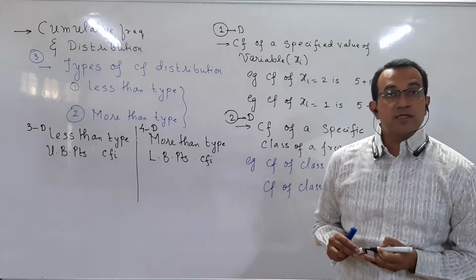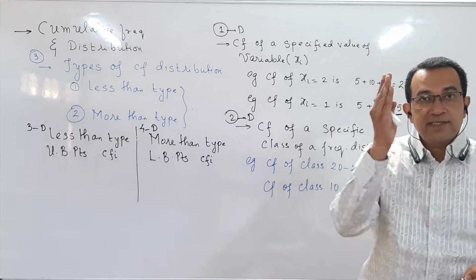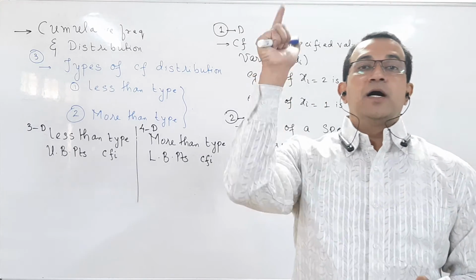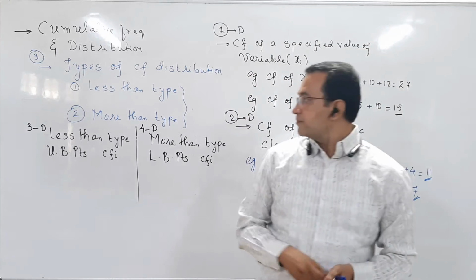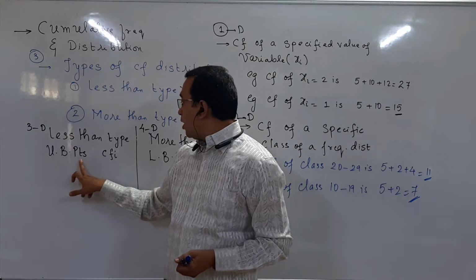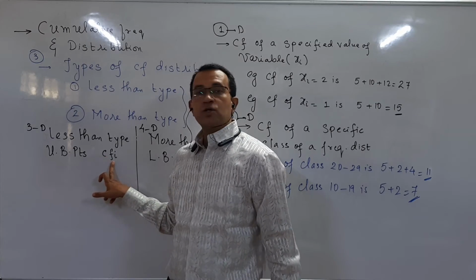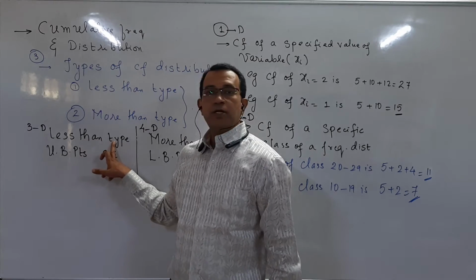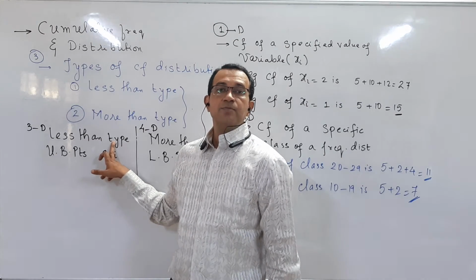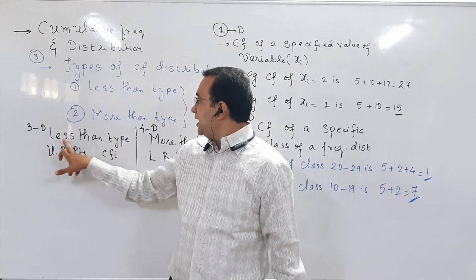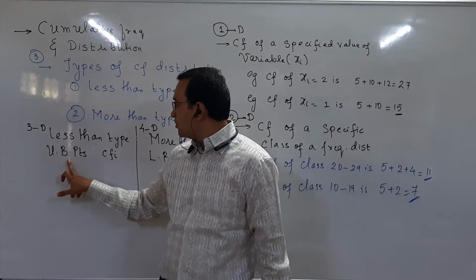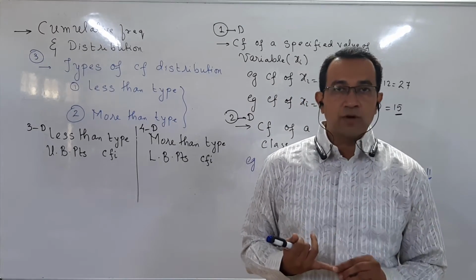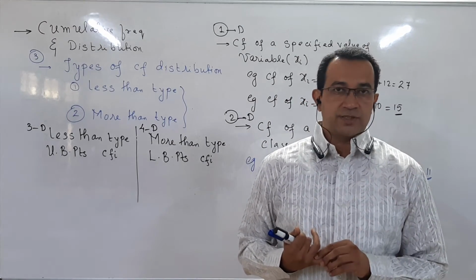So what is the third definition? What is the less than type cumulative frequency distribution when classes are given? A frequency distribution involving upper boundary points and corresponding cumulative frequencies is called less than type cumulative frequency distribution. Remember opposite. In less than type we have upper boundary points. In more than type, students, we have lower boundary points.